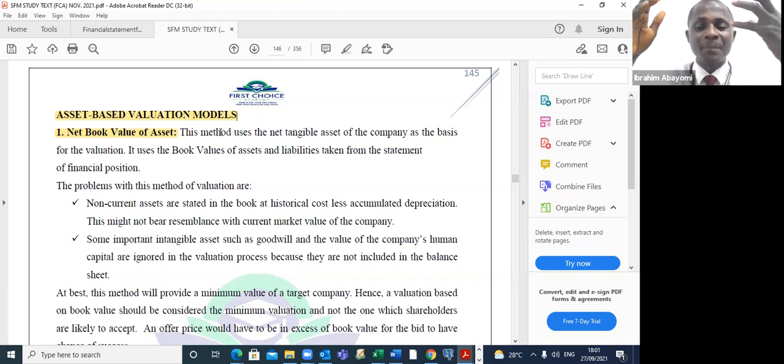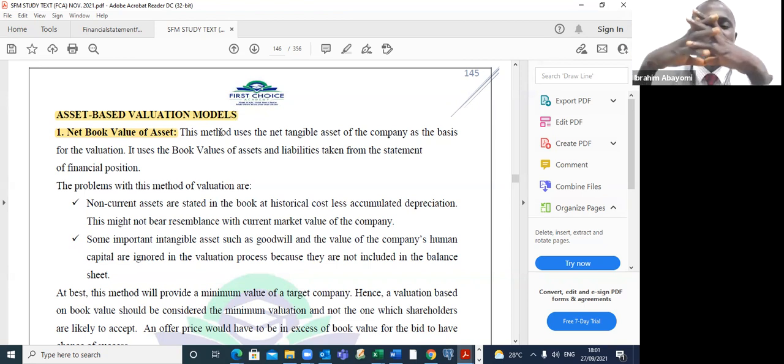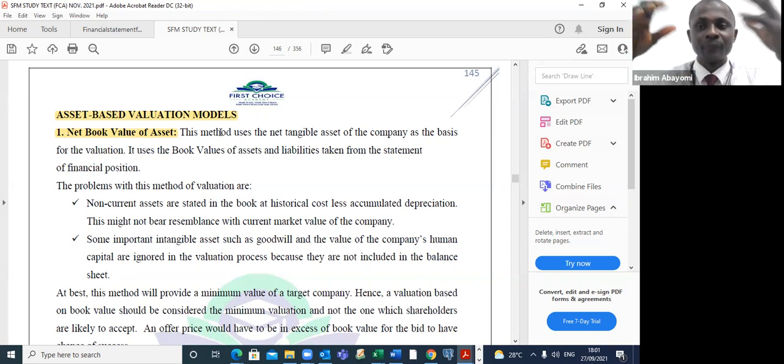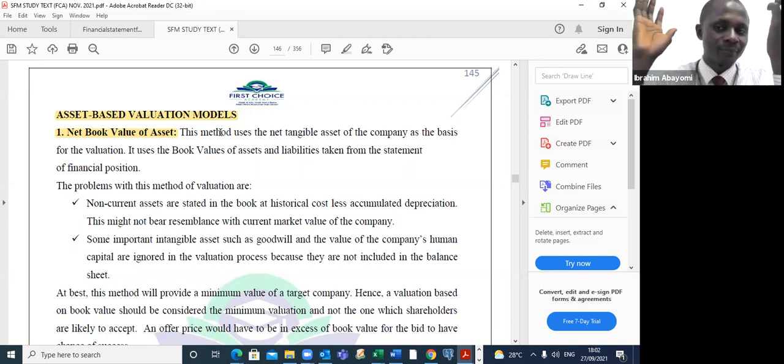You are computing the market value of the company based on the company's assets. And where do you get the asset of the company? From the statement of financial position. Therefore, you can refer to asset-based valuation model as statement of financial position approach, especially when you are dealing with net book value of assets.